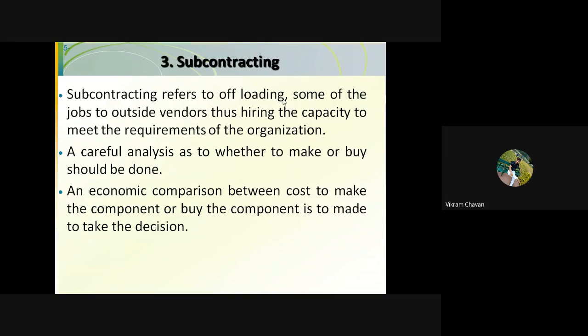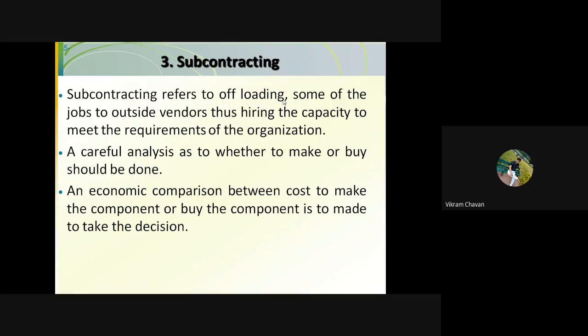In subcontracting, some vendors are developed by the company, and some of the jobs are given to these vendors. In this manner, companies are enhancing their capacity. Now, in this case, how do we take care of a make or buy situation?